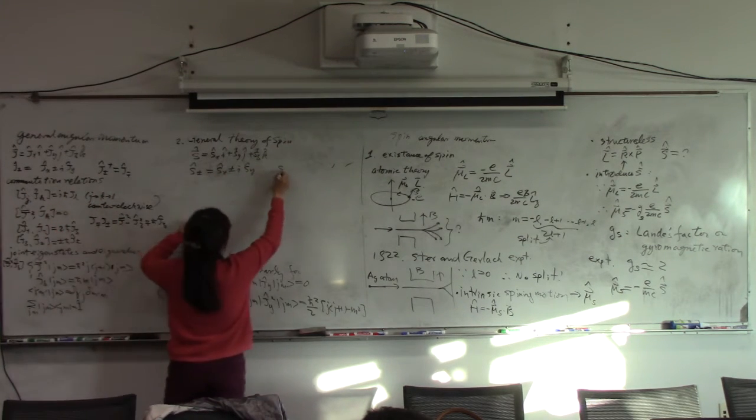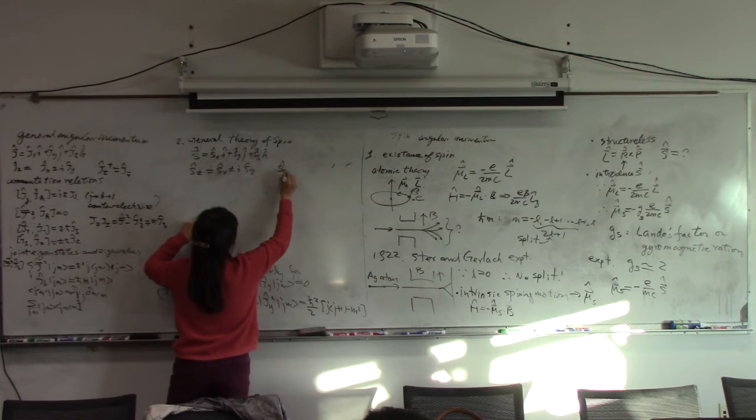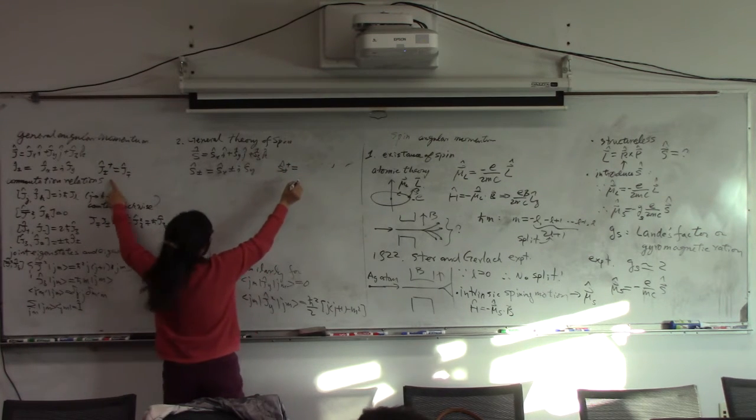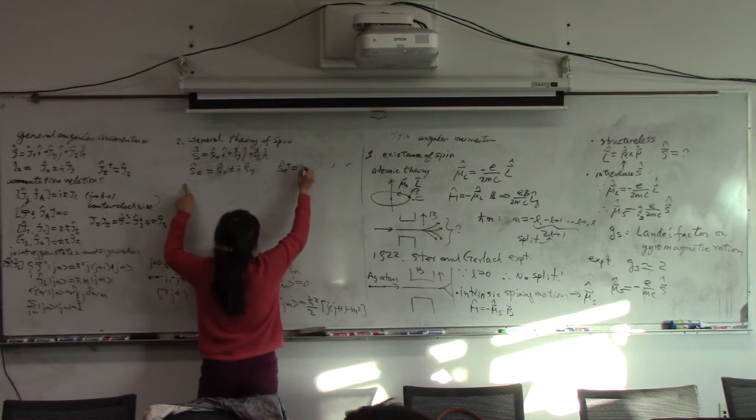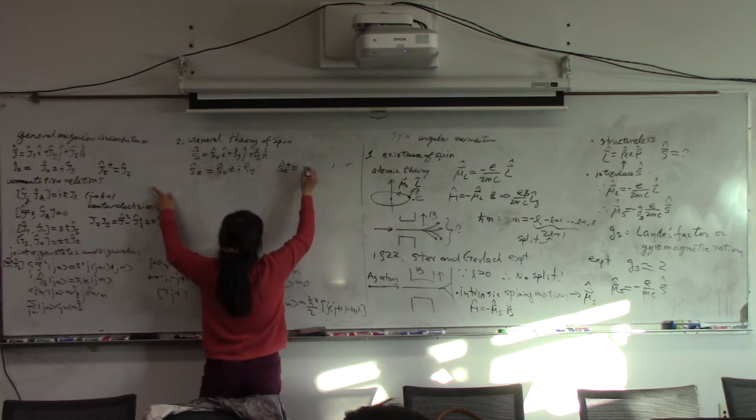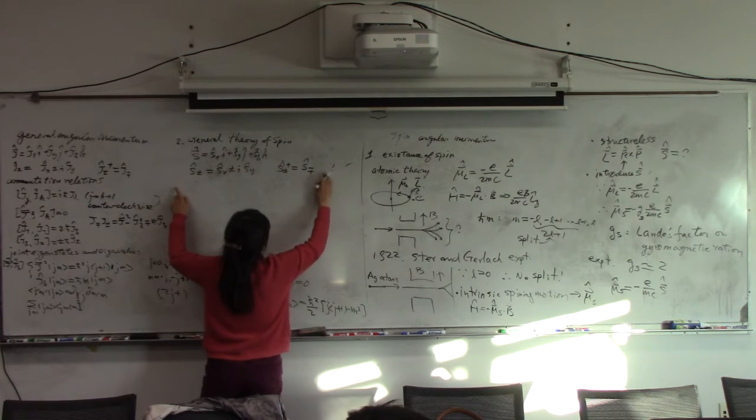So this also involves the conjugate, because it's not Hermitian, right? So S plus minus dagger is equal to S minus plus.